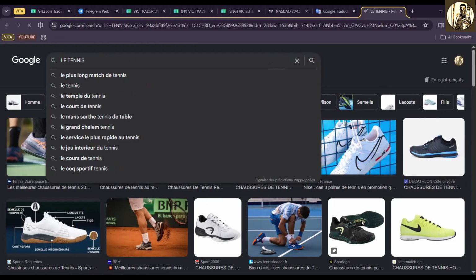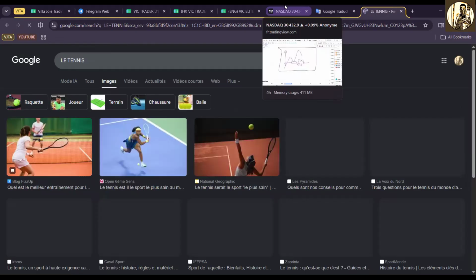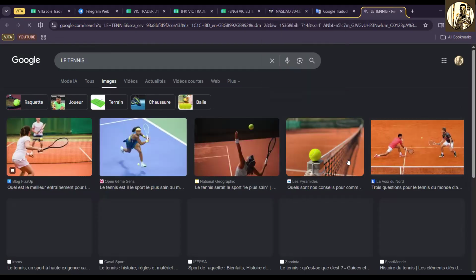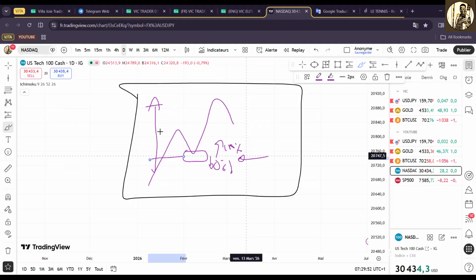You are selling this type of shoes. Yeah, the shoes for this sport. I think they call it tennis in English too. I'll call it tennis, just bear with me.